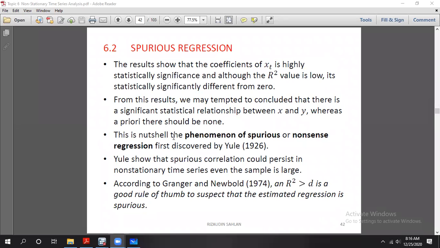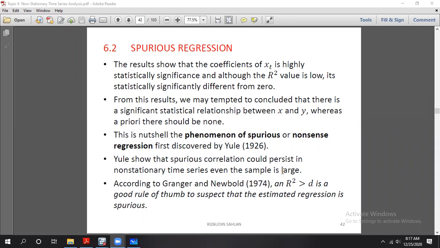So this is, in a nutshell, the phenomenon of spurious or nonsense regression, first discovered by Yule. He showed that spurious correlation could persist in non-stationary time series even if the sample is large. Even if we expand our sample to 1,000, 2,000, 5,000, this phenomenon could happen. Spurious regression exists when your data is non-stationary, even if you enlarge your sample.